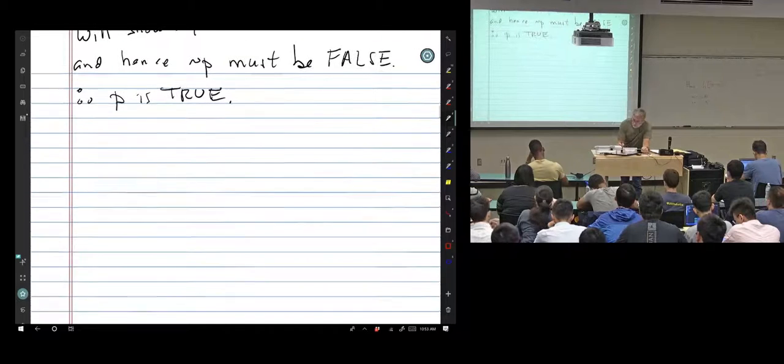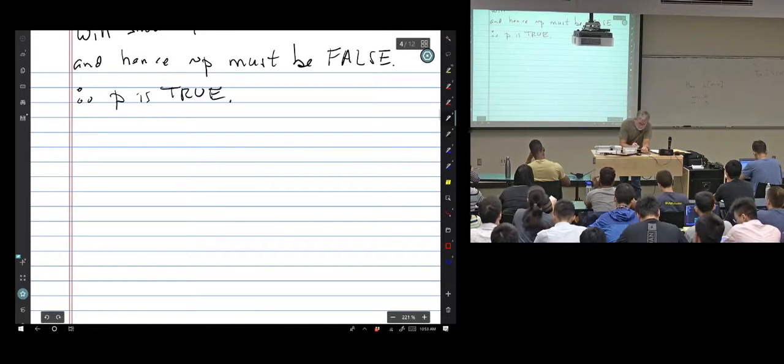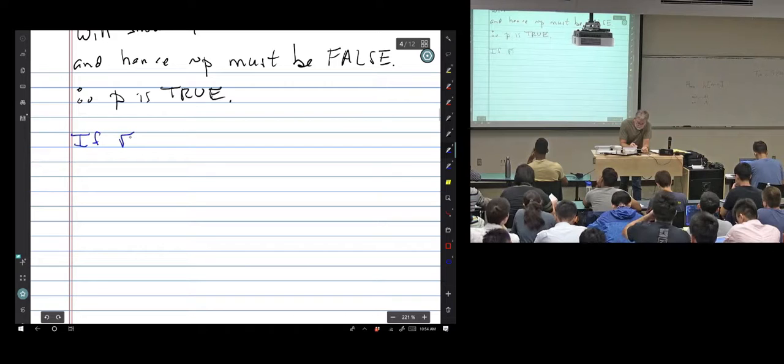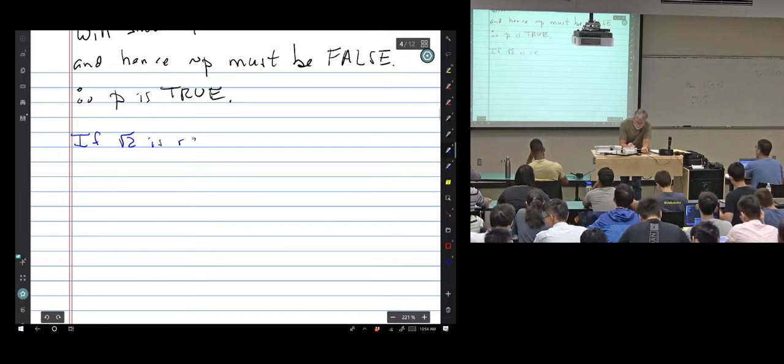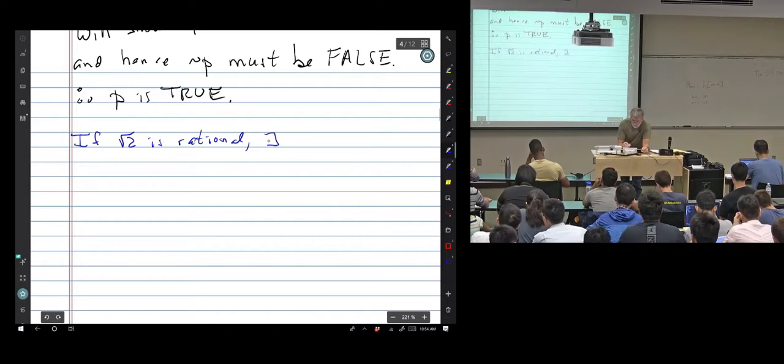Okay, so what do we know about rational numbers? If square root of 2 is rational, there exist integers.